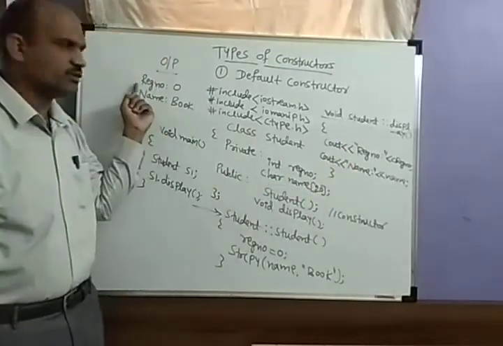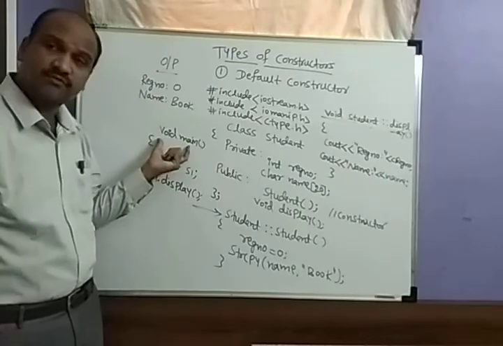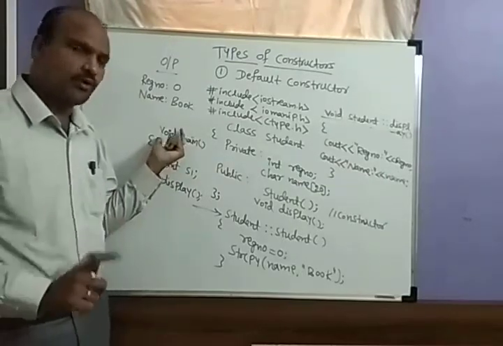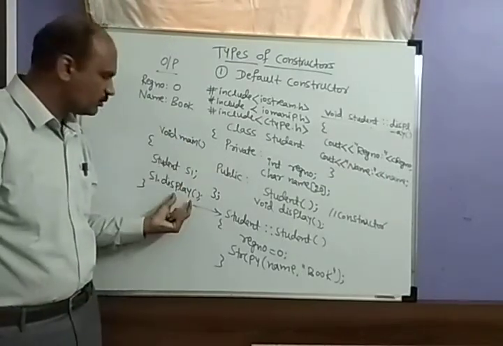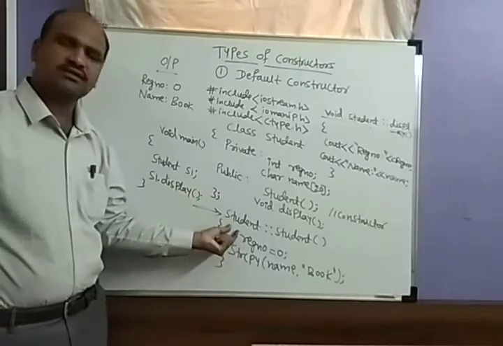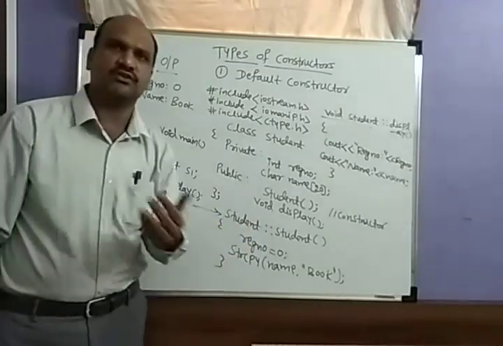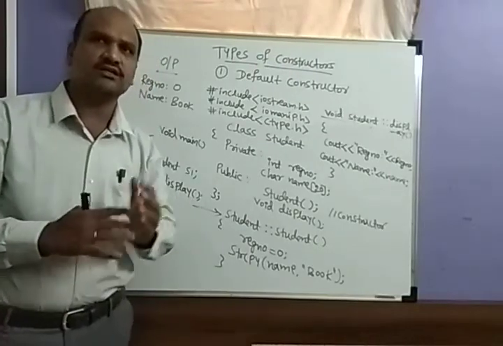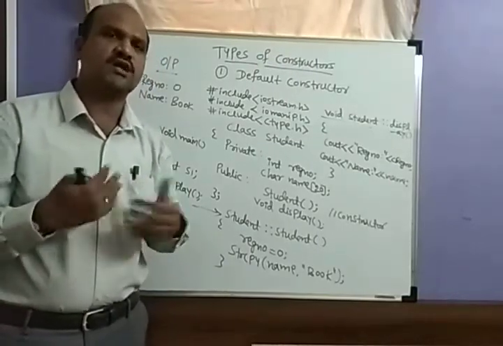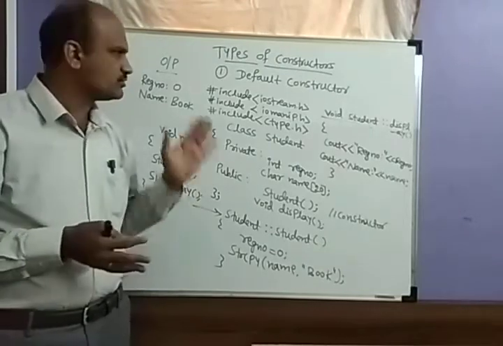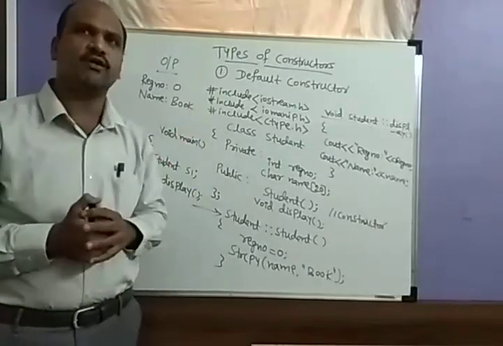So the same output will be displayed by the function in the main function. That is very important. In the main function we are calling only the function, not any constructor, because, as we discussed, a constructor is called automatically when objects are created. Okay, so this is about the default constructor.